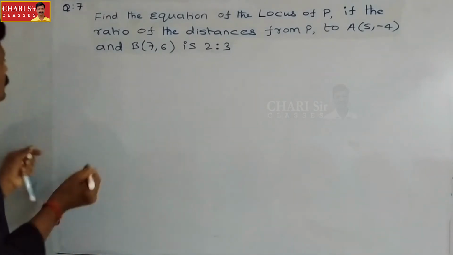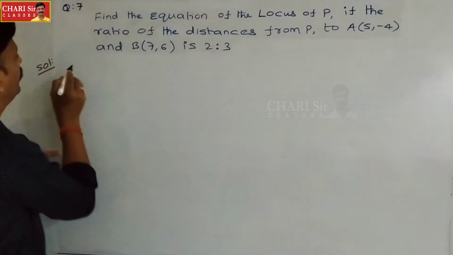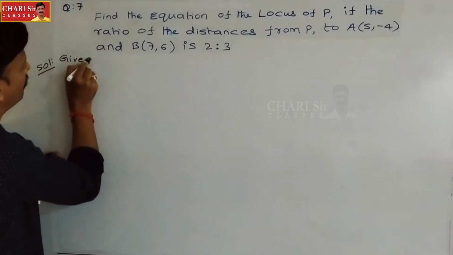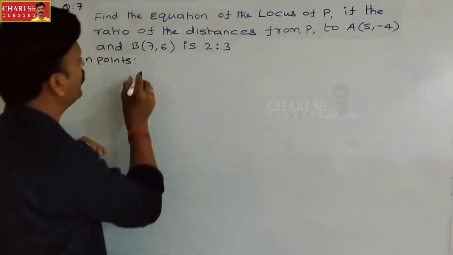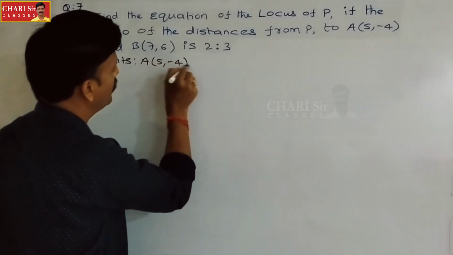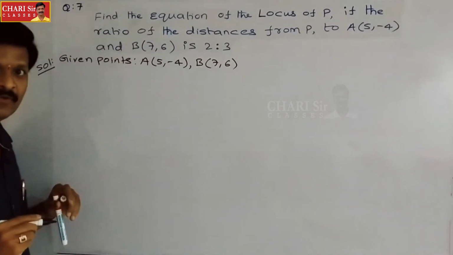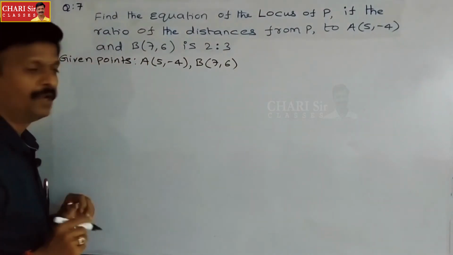So we'll start this question like this. Solution will be like this. Here, first, the given points. The given points are A, it is given 5 comma minus 4, and B 7 comma 6. These are the two given points. And what is P? P is any point on the locus.